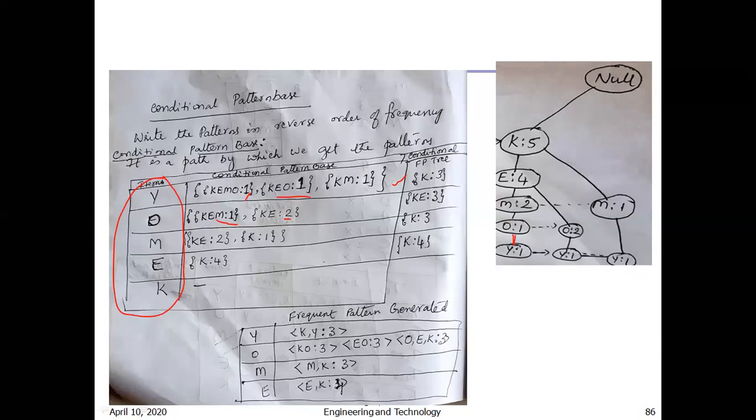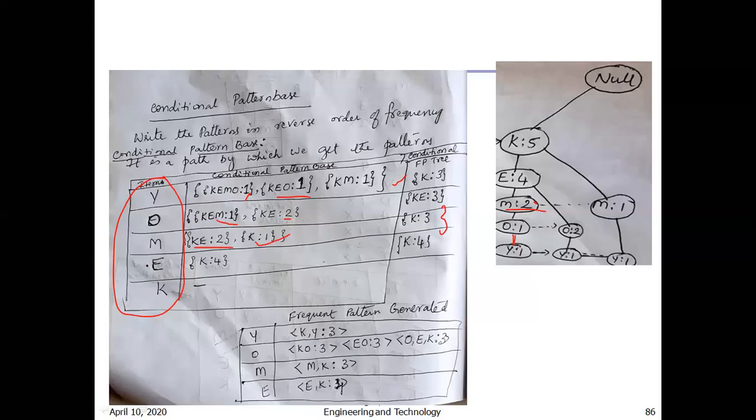Next, how can I reach M? First is K, E, 2 times, so K, E twice. Then I can reach item M directly using K, so the frequency is only once. K: 1.